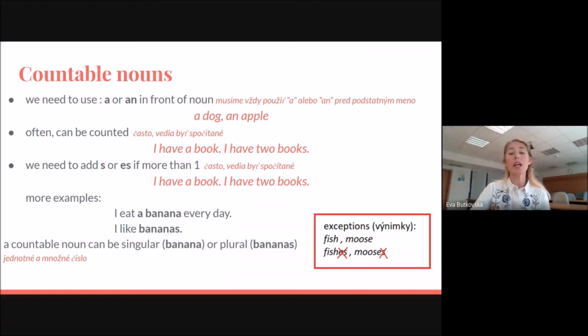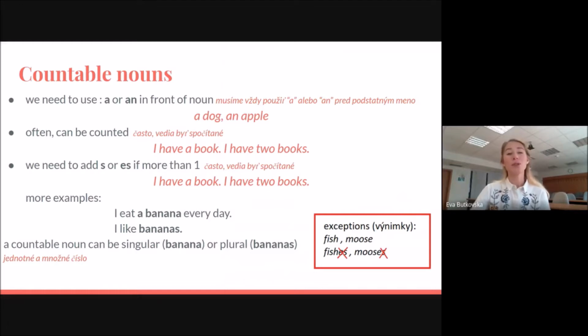We use an for the nouns that begin with a vowel. What is a vowel? That's a, e, u, y, and etc. So for example, an apple, or an umbrella, or an ant, and so on. So countable nouns start with a or an.